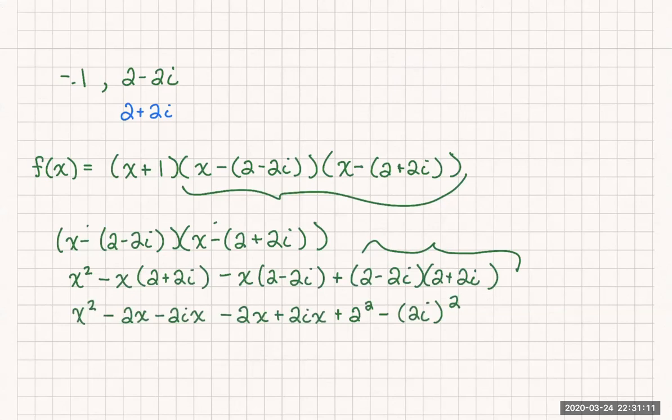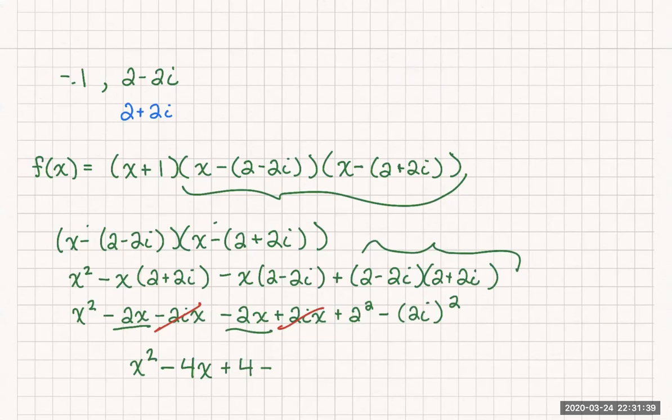Okay, so the minus ix and plus ix cancels out, which should happen all the time. So x squared minus 2x is minus 4x. 2 squared is plus 4, minus 2i times 2i.